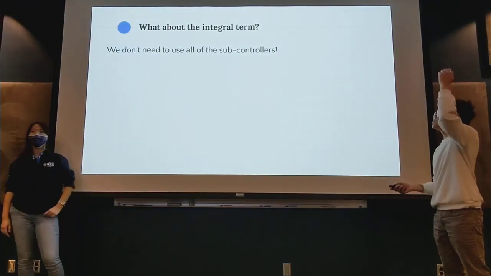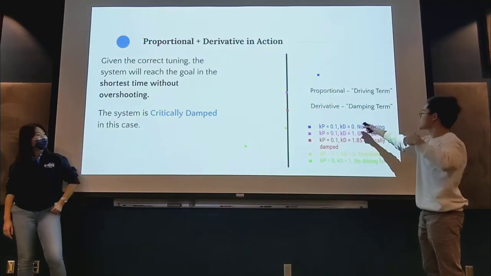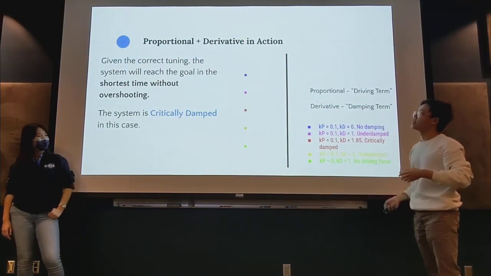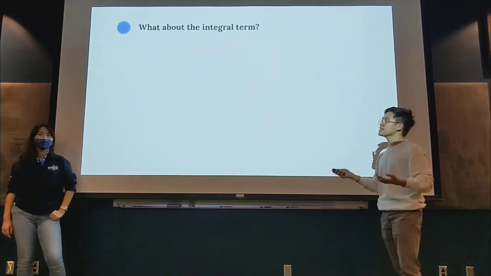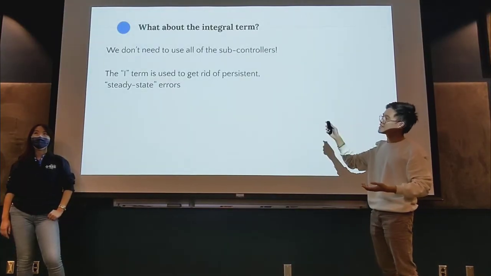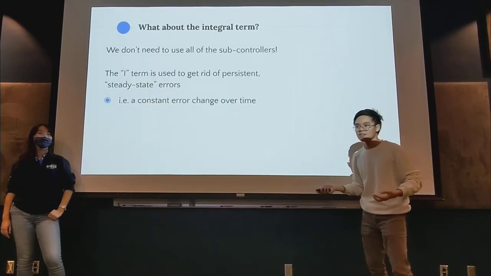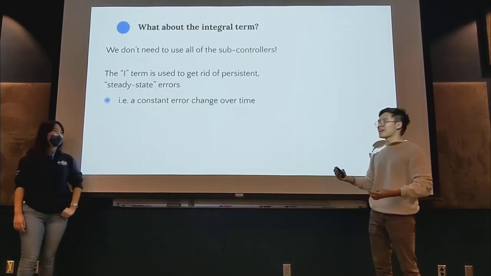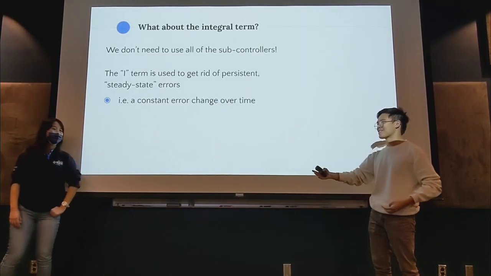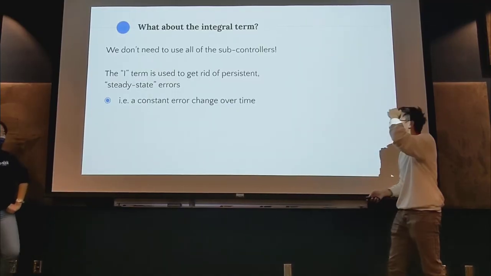You may have noticed in the previous slide we're only showing the proportional and derivative terms, the P and the D, but where's the I? For our case, we don't actually need the I. If you remember the example I was talking about, we use the I if Megan's running away from me as I'm running towards her.